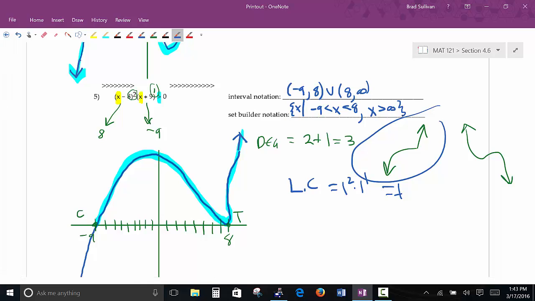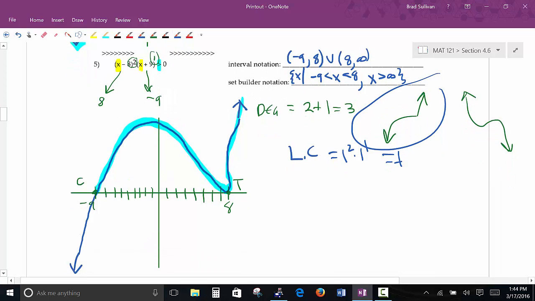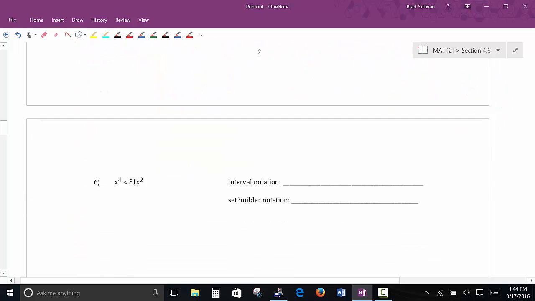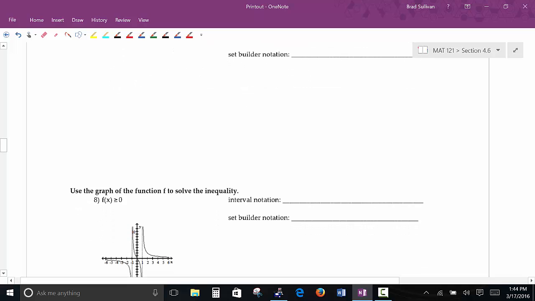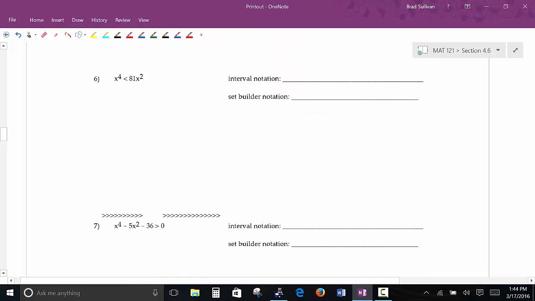Okay, now I want to do just one additional thing, and that's with doing this with a sign chart. Okay, graph is one technique. Sign chart is super important that you learn how to do that if you're going to higher math. Okay, so we're going to do this one a little bit more with a sign chart then.